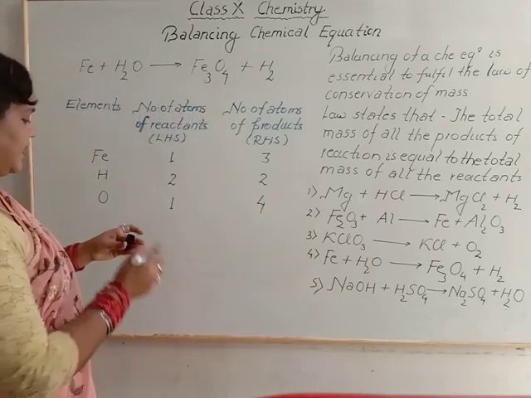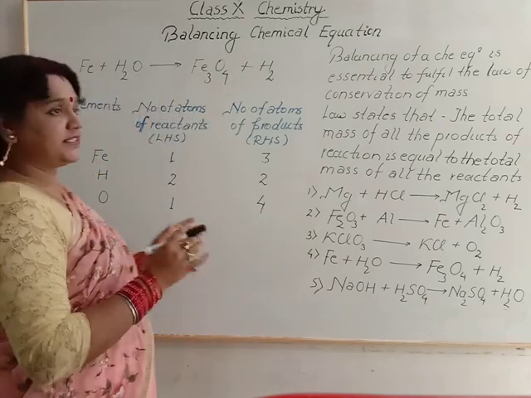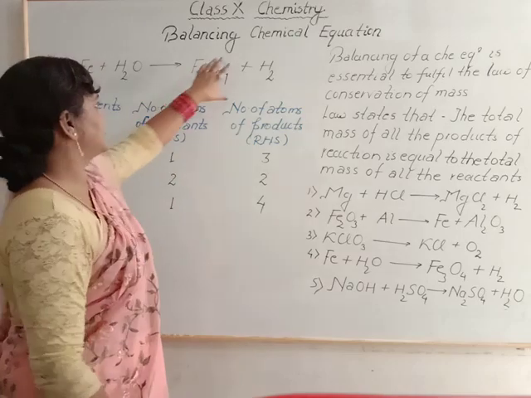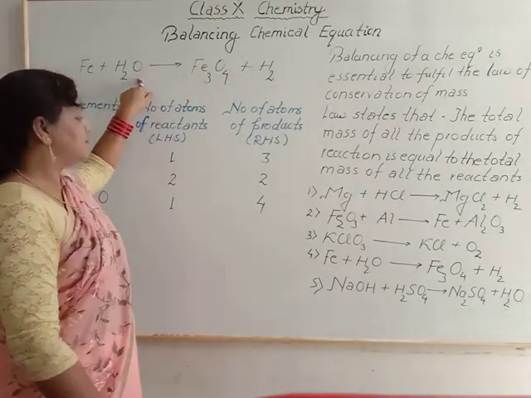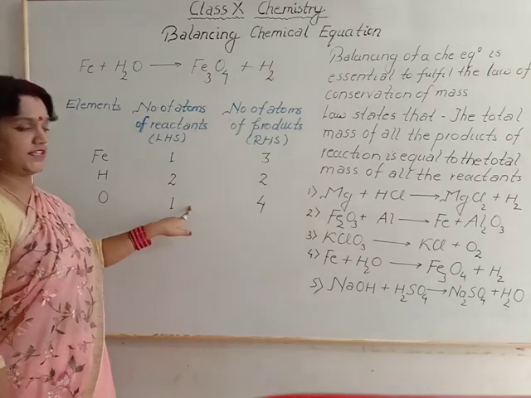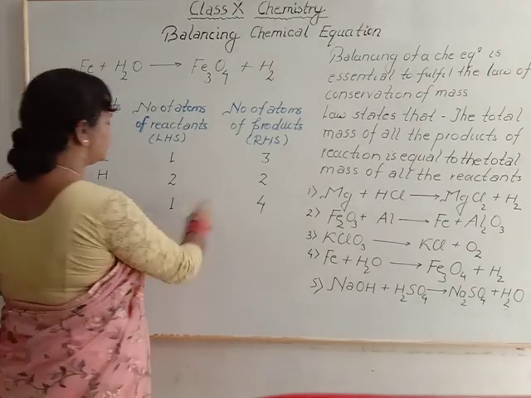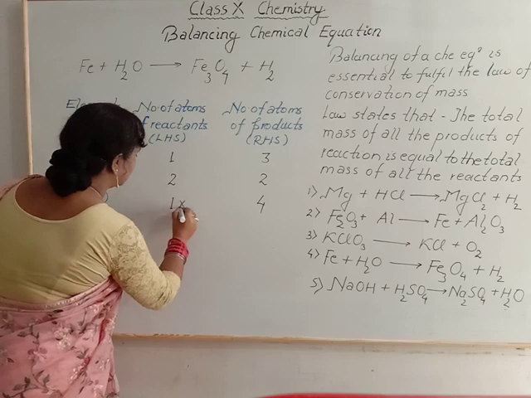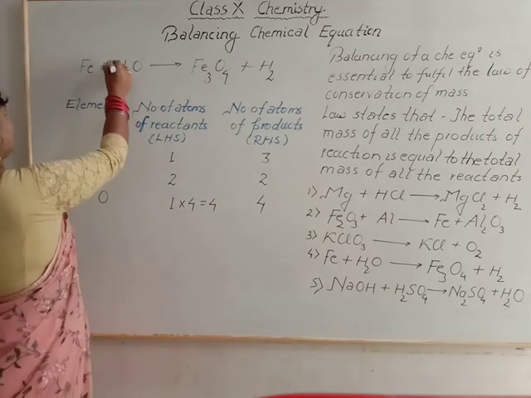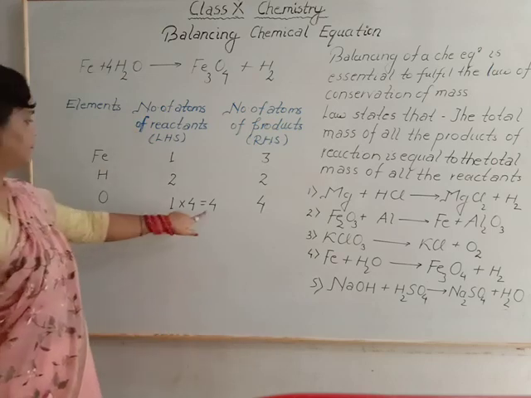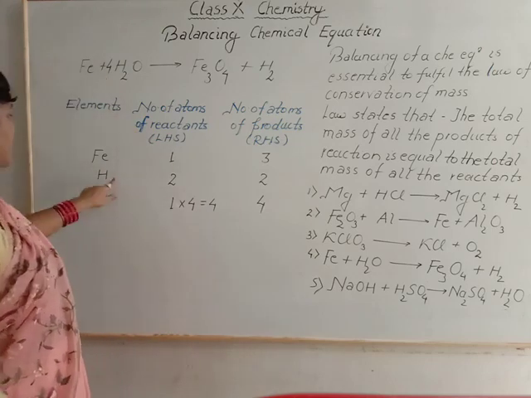Now in this case we will see which atom is in larger amount. Here you can see that oxygen is 4 and here oxygen is 1. So we have to balance it first. So what you have to do for making it 4? You have to write 4 here. But after putting 4, what will happen?